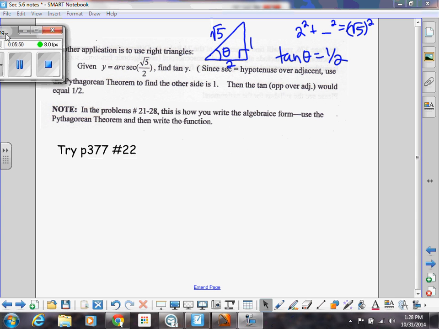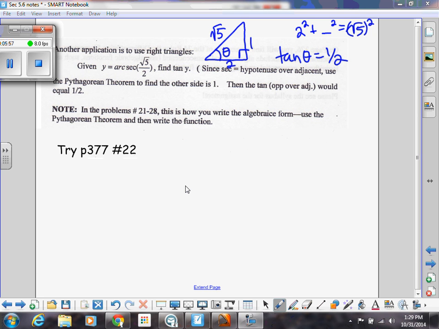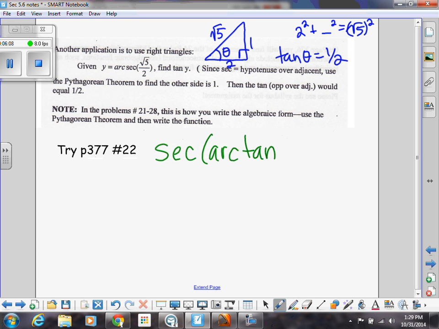Now we're going to move on and talk about problems 21 through 28, but we're just going to do a sample problem. This is on page 377, number 22. We want to find the secant of the arctan of 4x and write this as an expression. We're going to set up a triangle. If I say arctan of 4x, I'm trying to figure out which angle has the tangent that's 4x.